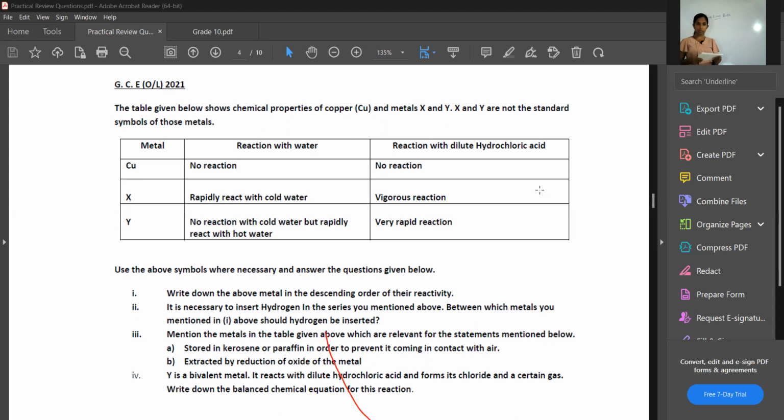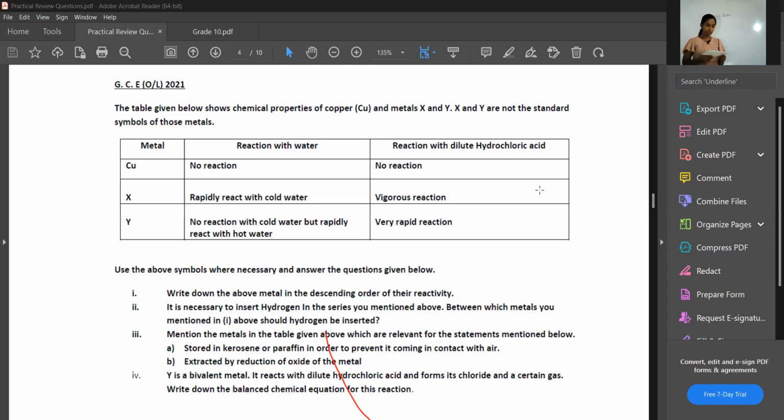Magnesium does not react with cold water but reacts very rapidly with hot water. So X is sodium and Y is magnesium. Use the above symbols where necessary and answer the questions below. You have to use the given symbols.